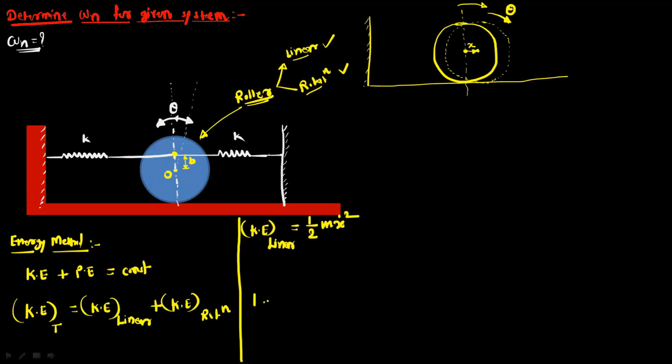And the kinetic energy for rotation is equal to 1 by 2. Now for the rotation, instead of mass, use the mass moment of inertia. Okay. So I will write here, this is I0, that is the mass moment of inertia about the center of gravity. Okay.